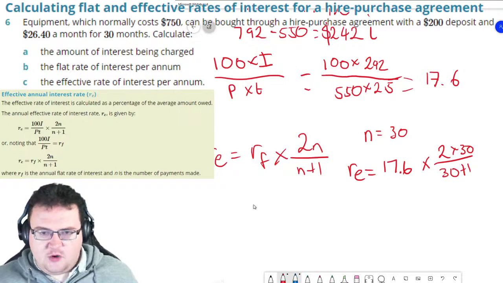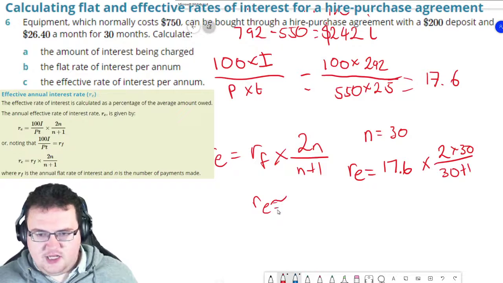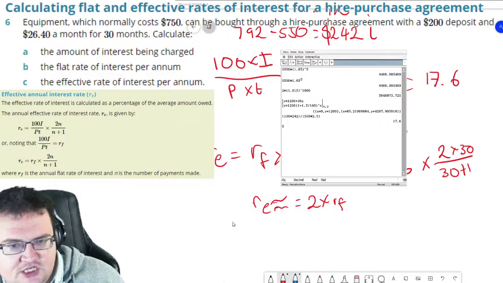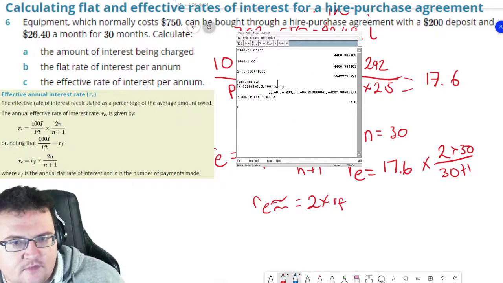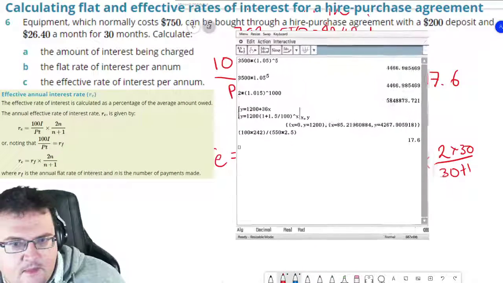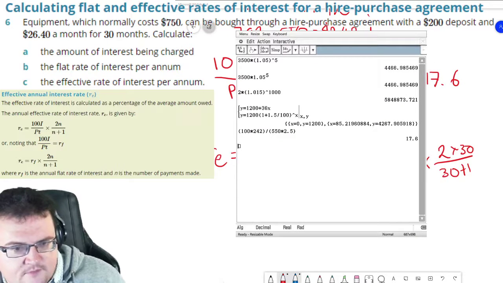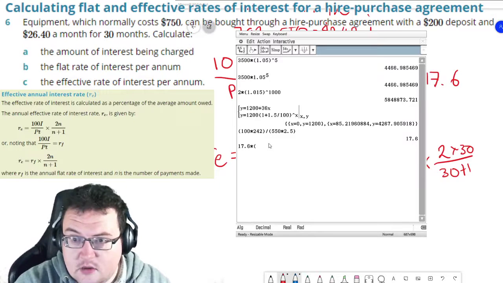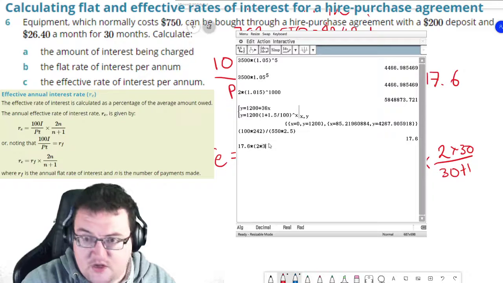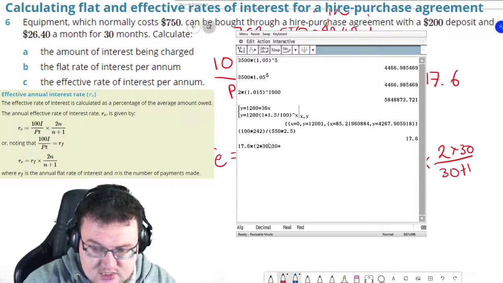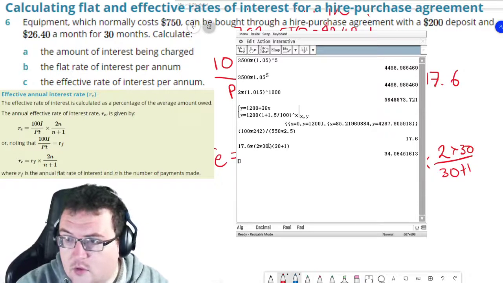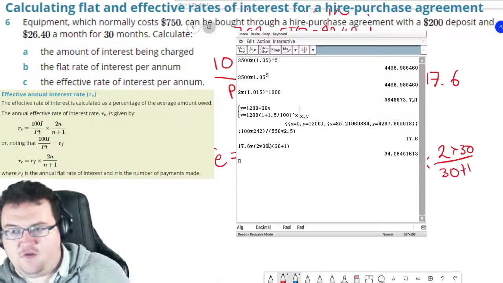And for the sake of argument, we can also say RE is approximately equal to 2 times RF, just so that we can do some calculations here to help us out. So we do 17.6 times 2 times 30 divided by 30 plus 1, and it comes out as about 34.06.